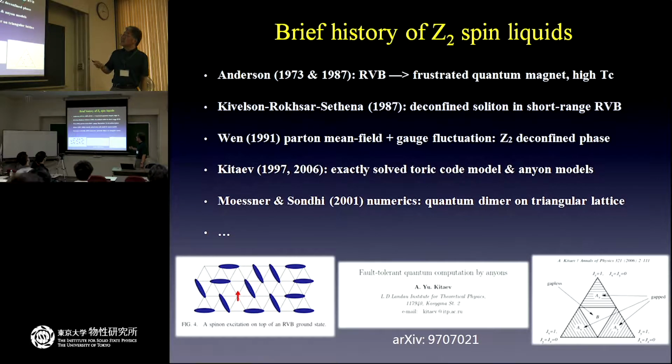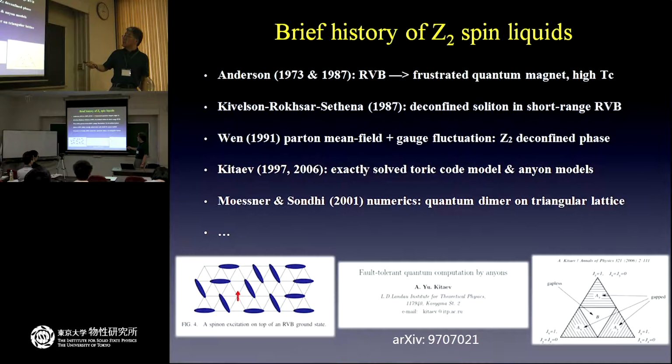Previous work was only approximate. Up to 1997, Kitaev proposed an exactly soluble model, the so-called toric code model, to explicitly show the presence of a Z2 quantum spin liquid and also the elementary excitations in these states.